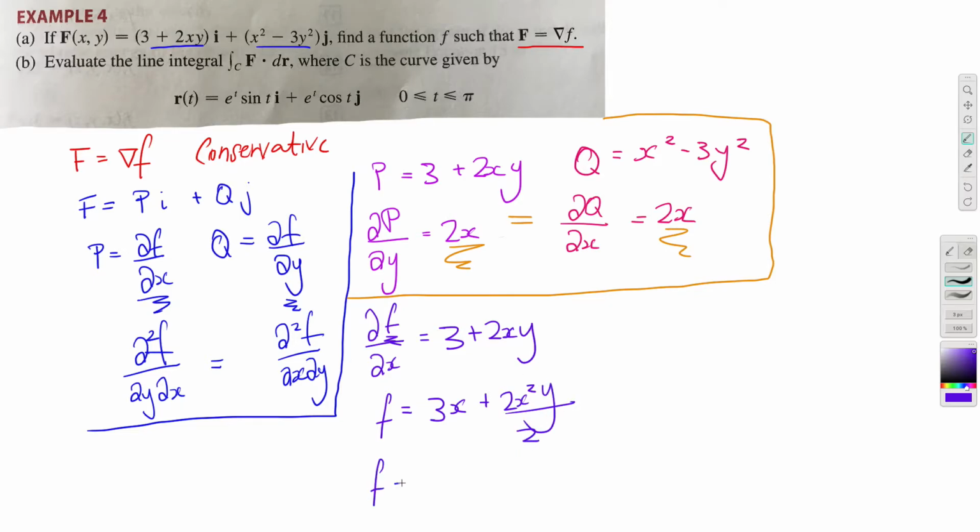So we're going to get f equals 3x plus x squared y. And then we're going to get a g(y). That's our constant. Our constant will be a function of y. That's why we call it g(y).